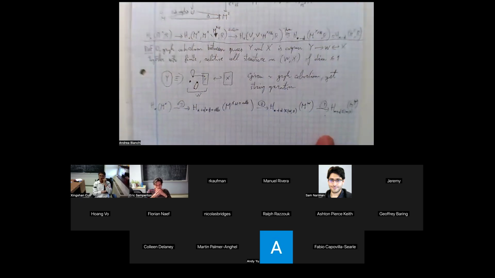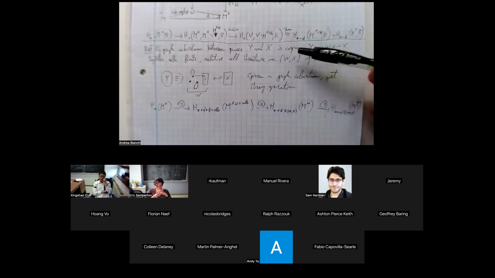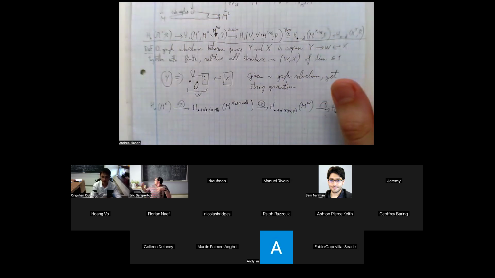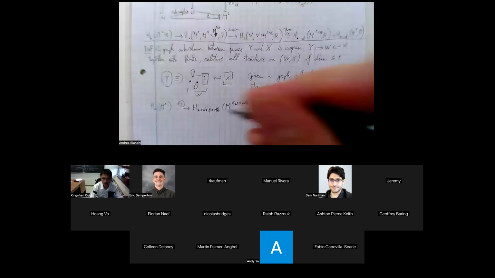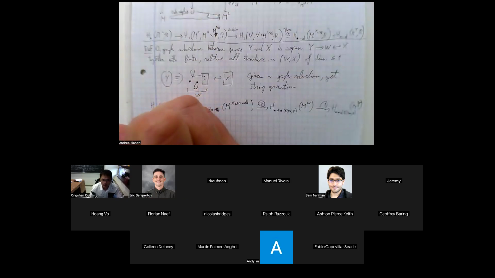But now the idea is that we shouldn't just consider graph cobordisms as a set, but they should form a space. And the space of graph cobordisms should give rise to higher string operations. Okay, so let me write down this goal.